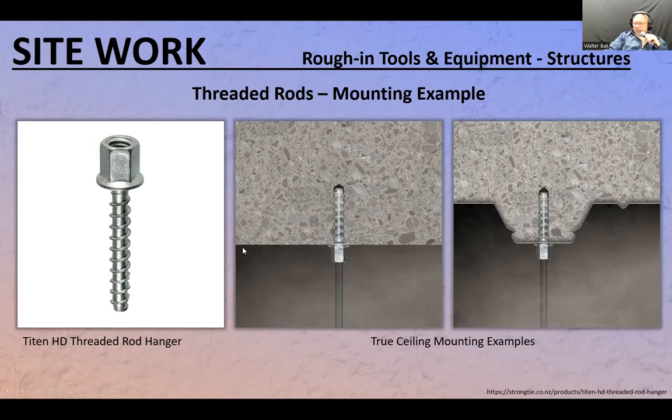Now, sometimes you're going to have some challenges. You're going to have a clear space. Now, look at some of the specifications of threaded rod hangers, and you'll be surprised how much weight they can actually handle. I'll leave you with that. But no matter how strong this is, the whole system will be only as strong as the weakest link.